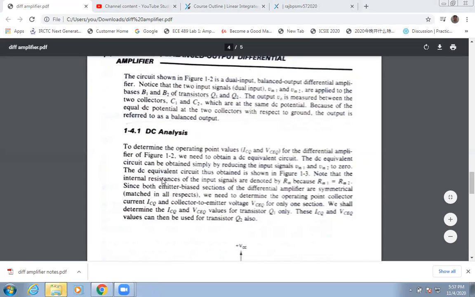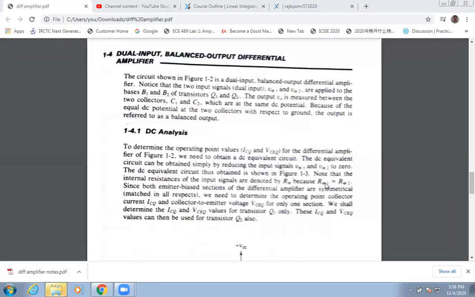Note that the internal resistances of the inputs are denoted by Rin, because Rin1 and Rin2 are equal. We are assuming Rin1 and Rin2 are equal.